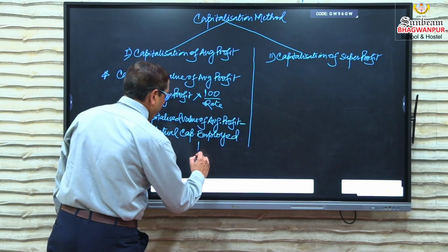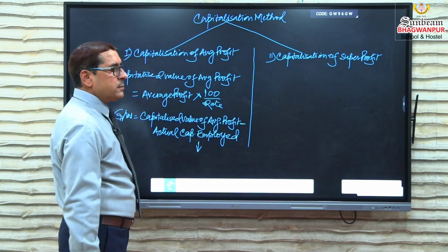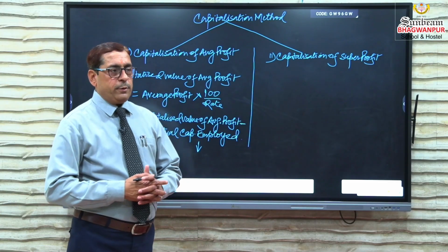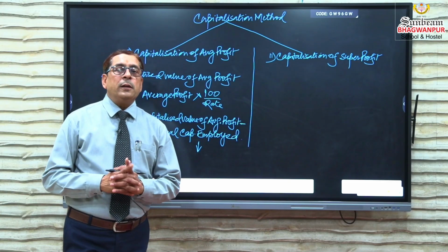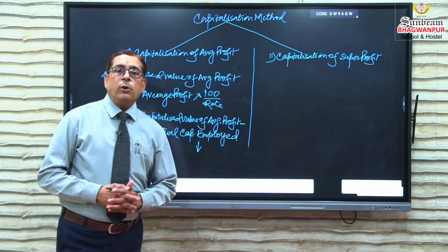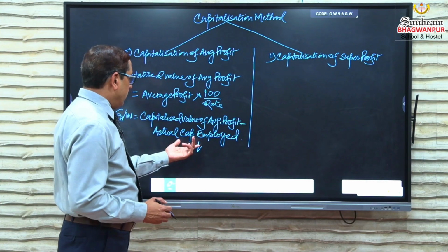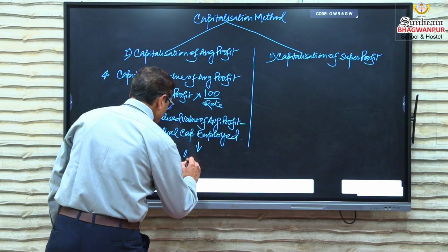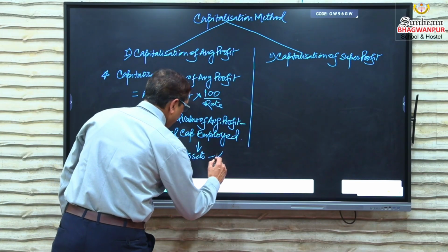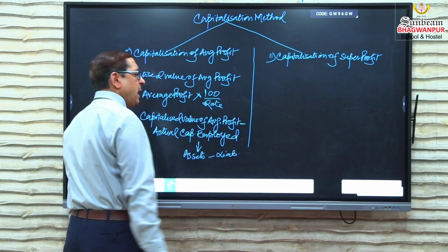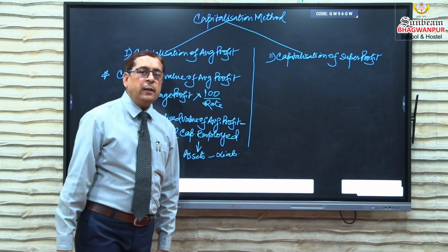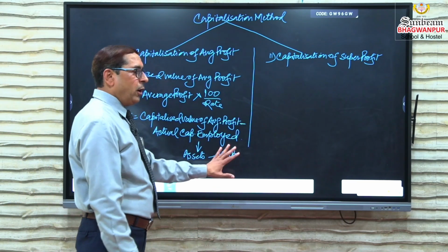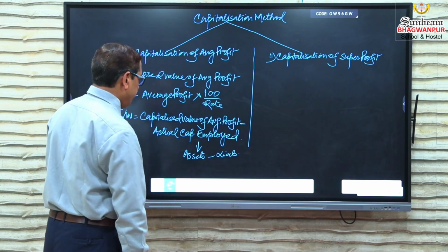And this actual capital employed, we have already discussed, while discussing the super profit method, while calculating normal profit, capital employed multiply rate upon 100. Similarly, we are finding out the capital employed like assets minus external liability. When I say liability, liability means external liability unless it is clearly mentioned that it is the internal liability. Liability always represents external liability.